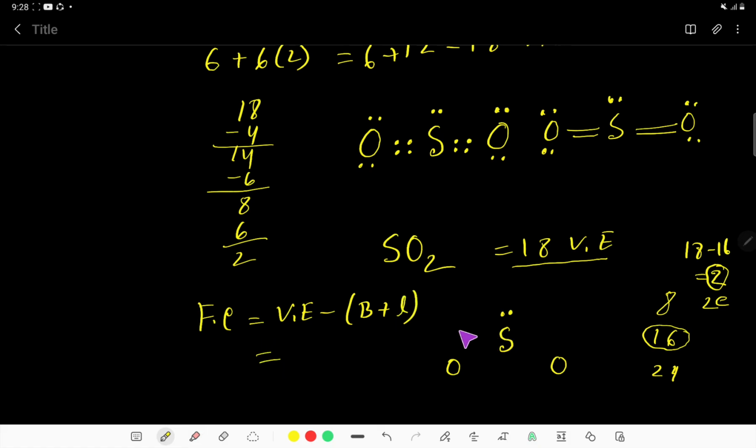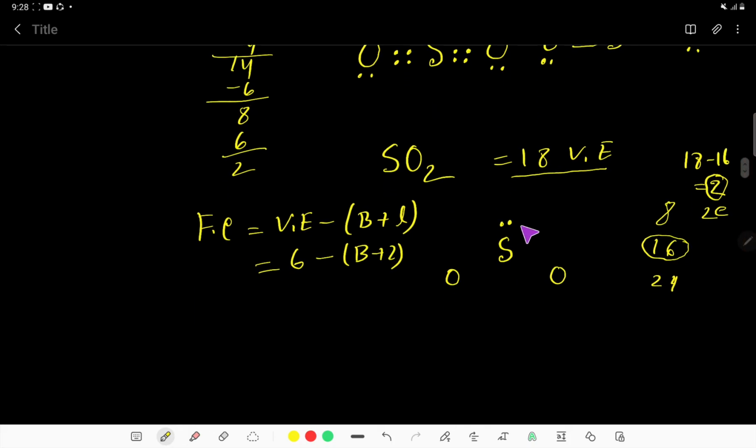So for sulfur, look, valence electrons we have 6, minus number of bonds, which we would like to find, then here lone pair 2. We will do the math. So we are targeting to put zero formal charge for sulfur. So formal charge we will consider 0. Now let's do the math. 6 minus 2.